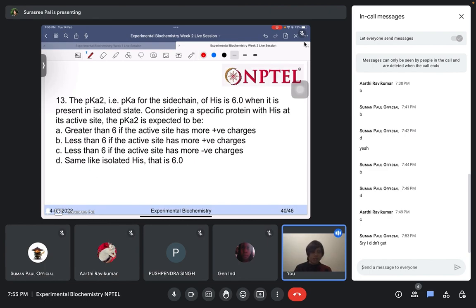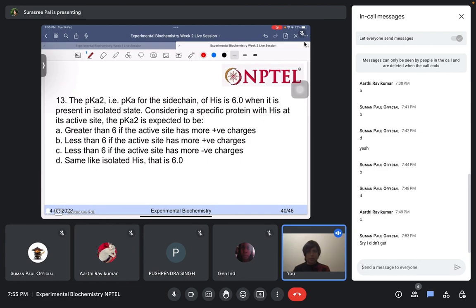Now if there are positively charged amino acid residues close to it, these positive charges destabilize the positive charge on histidine, which is why it becomes difficult to deprotonate the histidine, or dissociate the proton from the histidine side chain.